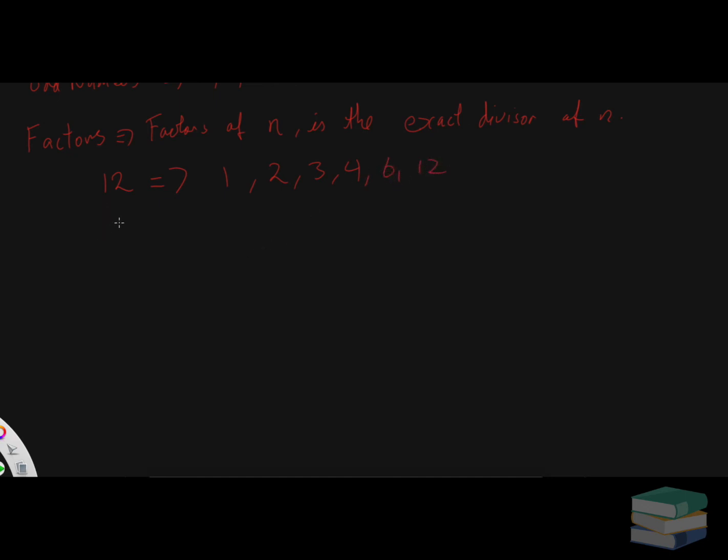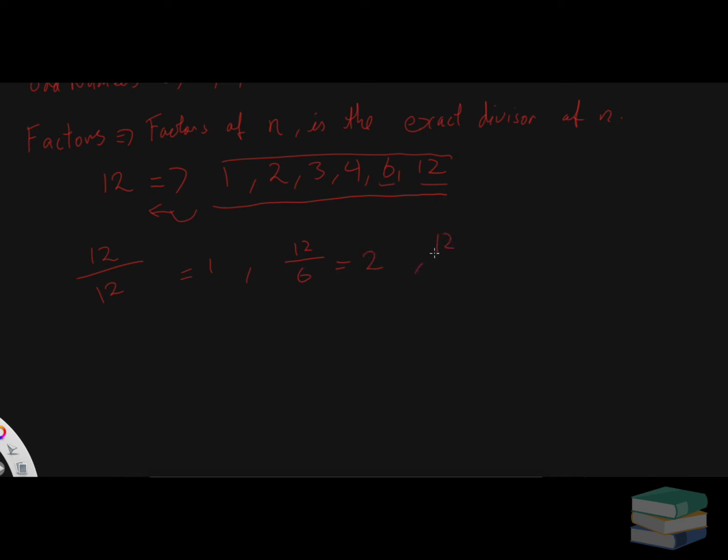So a factor is any number that could be divided exactly into another number. Factors of 12 again are these numbers here. If you take 12 and divide it by 12, which is this last number, you'll get 1. If you take 12 and divide it by 6, you'll get 2.